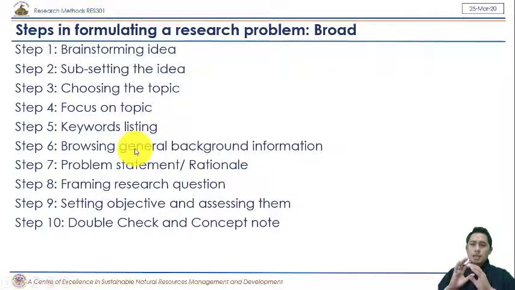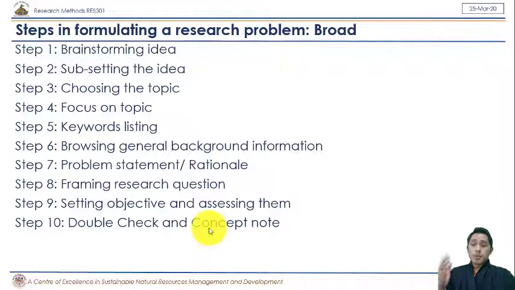But these steps are very comprehensive ones. A few things, like keyword listing and browsing general background information like the problem statement and concept notes, are not exactly reflected in any of the research problem literature.